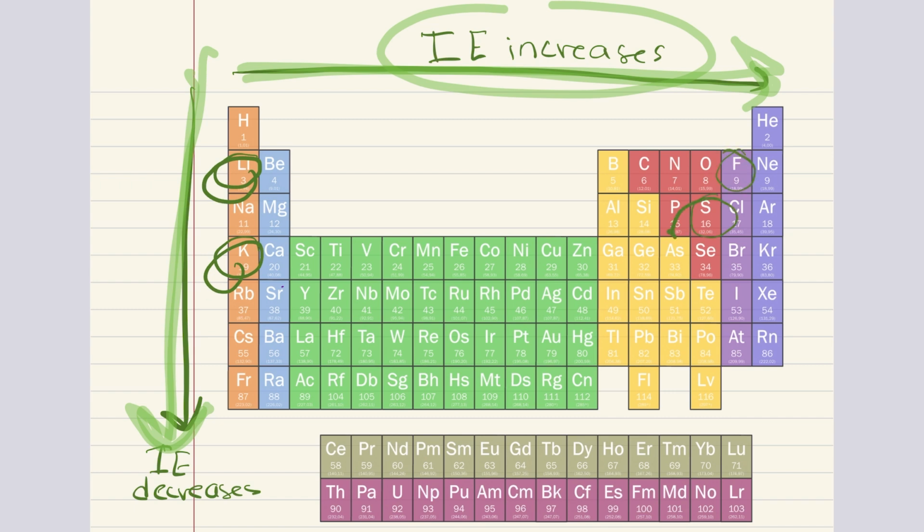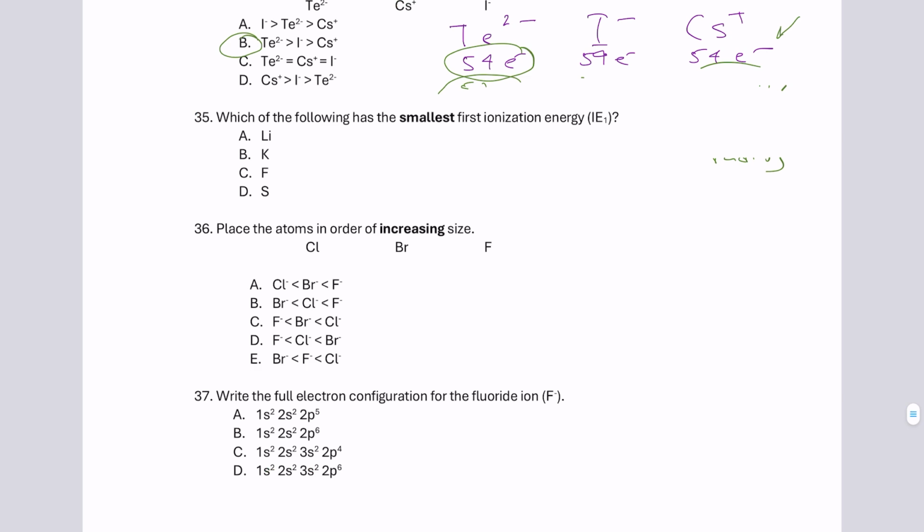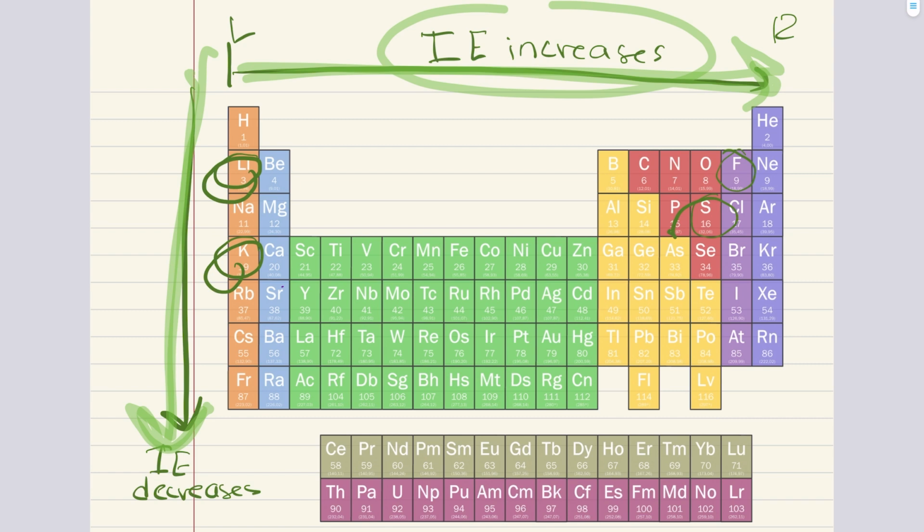So once again, ionization energy increases from left to right. Our goal is to figure out the smallest ionization energy. So that means that we should be looking somewhere around here, and we can eliminate fluorine and sulfur since ionization energy increases across a period.